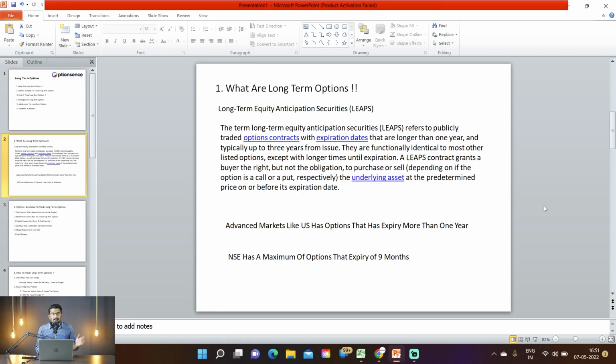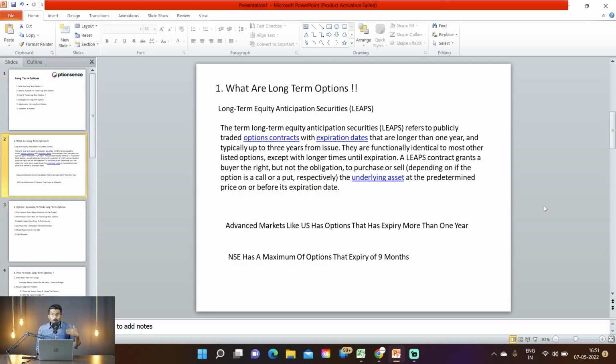You cannot differentiate them when it comes to their formulation or anything else. The only difference between a short-term option and a long-term option is that a long-term option has a very long expiry, which means an expiry of more than 1 year or 2 years. That's why it is called LEAPS.